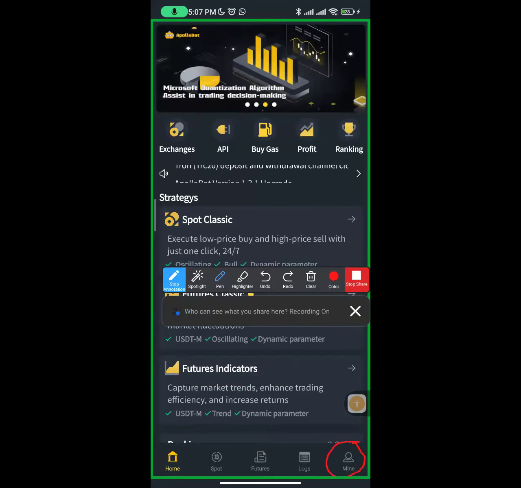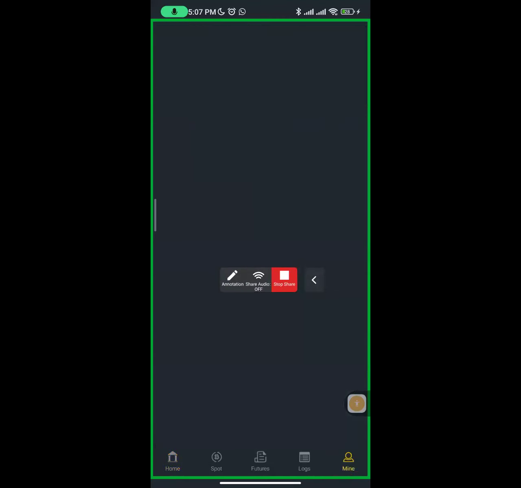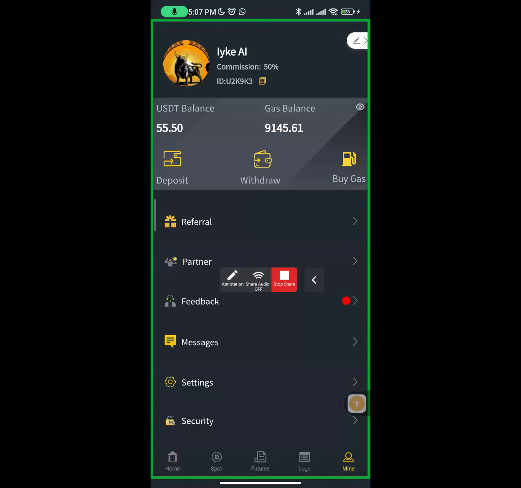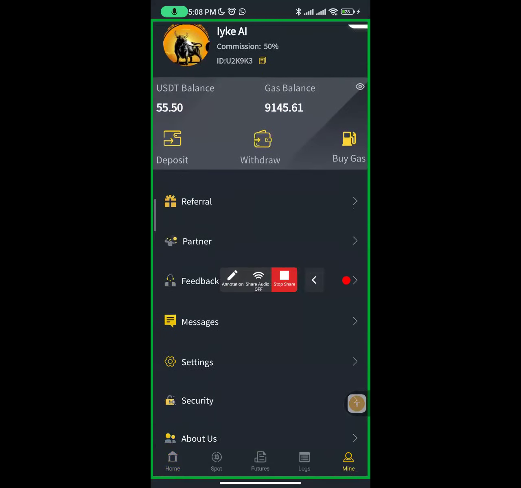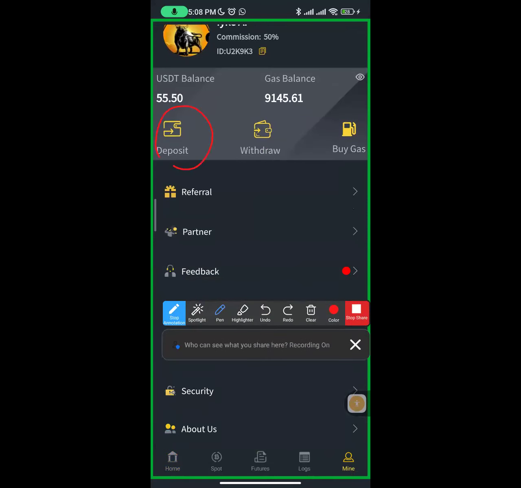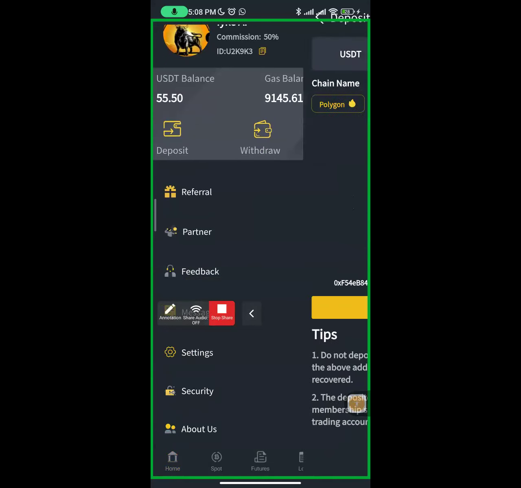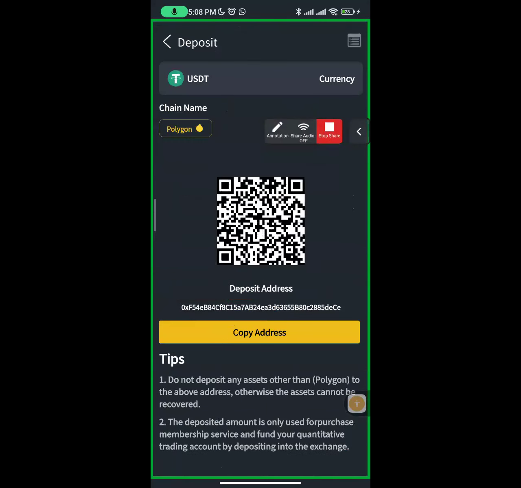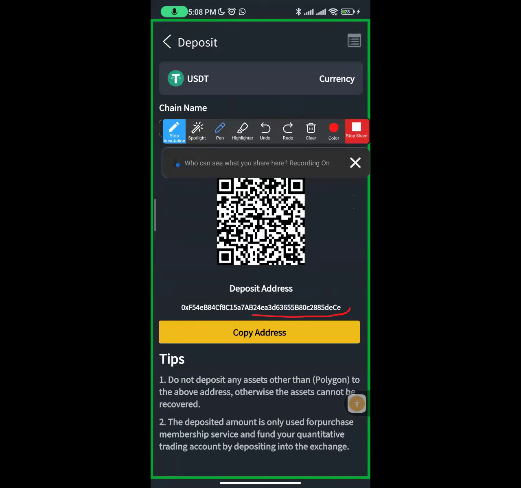You see Mine here, so you tap on Mine. It opens up this way, and you see Deposits. You tap on Deposits and it comes up with an address. This is your address, this is where you'll be paying in. That's your deposit address.